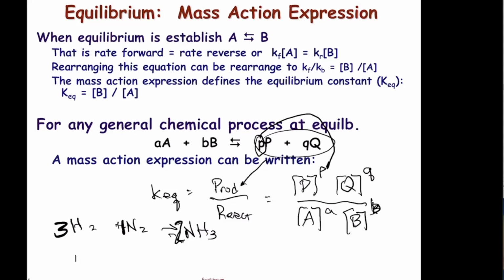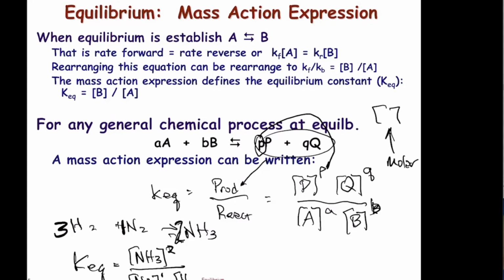So K equilibrium for that reaction is equal to the concentration of ammonia. Whenever you have a bracket around a chemical, that means molar concentration, moles per liter, taken squared. Why squared? Because the coefficient is 2. Divided by the reactants: concentration of nitrogen to the first power, concentration of hydrogen cubed.